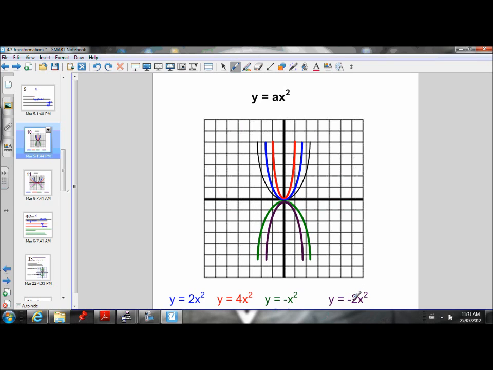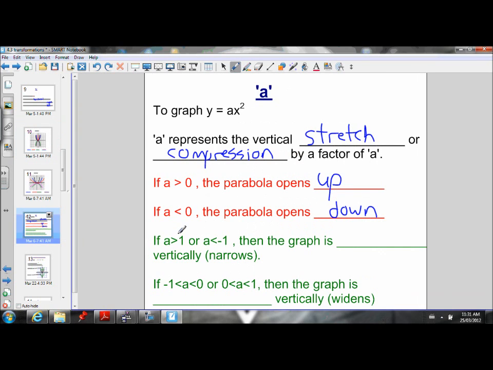Remember, the parabolas were all stretched. So when a is greater than 1 or less than -1, the graph is stretched vertically, or it narrows.